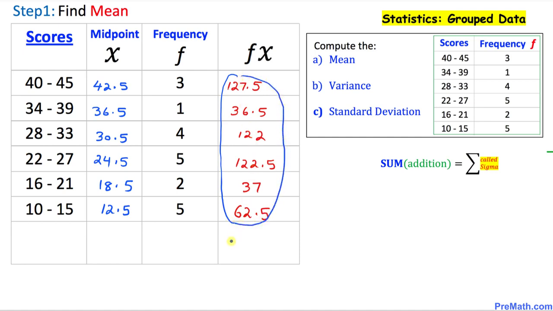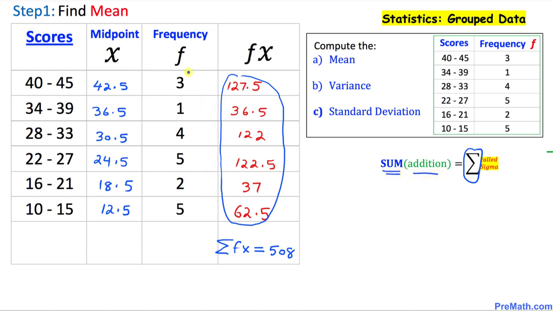If we add them up, I am going to use sigma notation. Sigma of f x equals, if I add these values, that is going to give us 508. Once again, this notation is called sigma, which really means sum, or sometimes we call it addition.